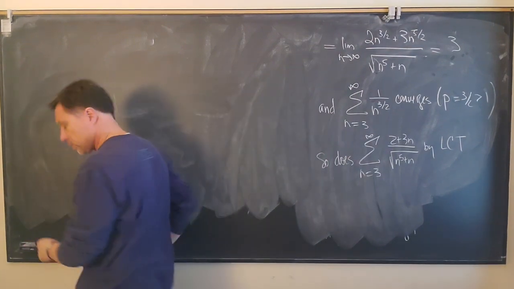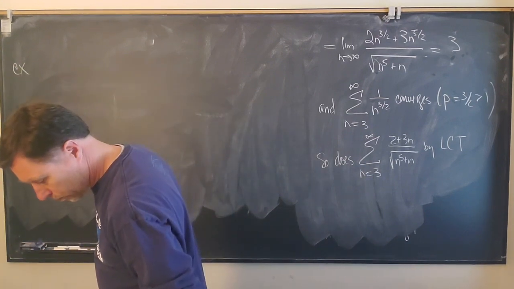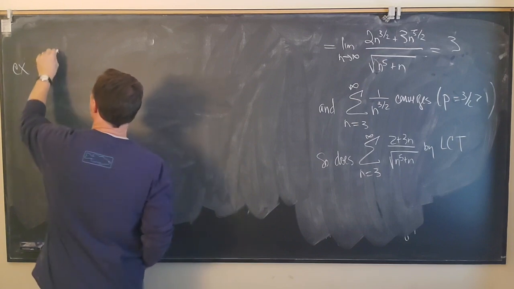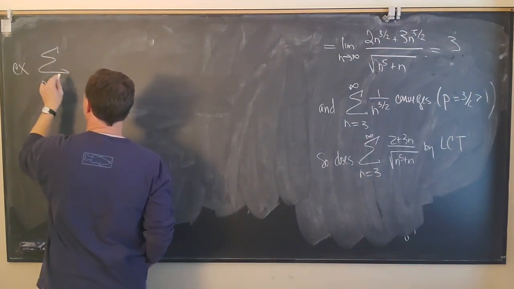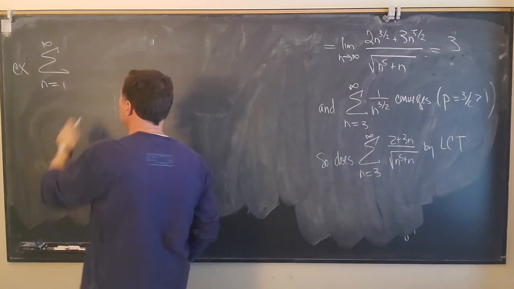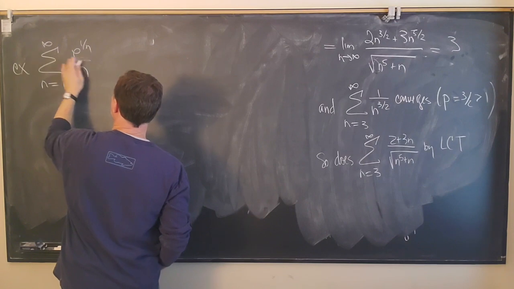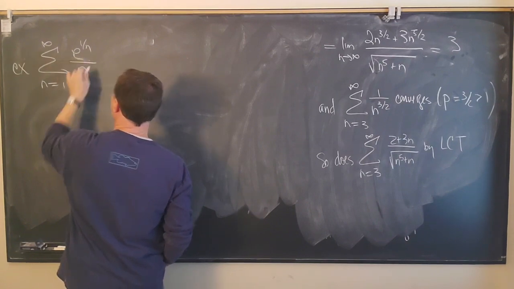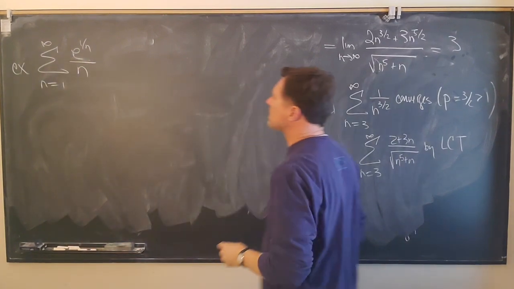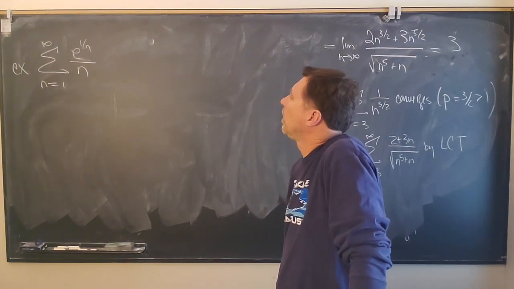Okay, so next one. Sum n equals 1 to infinity of e to the 1 over n divided by n. So let's think about this one. What do you think?